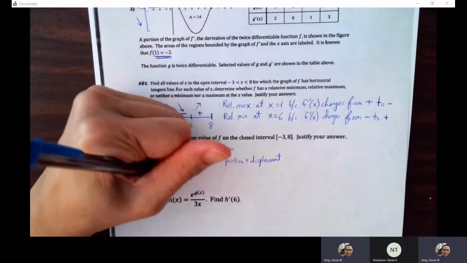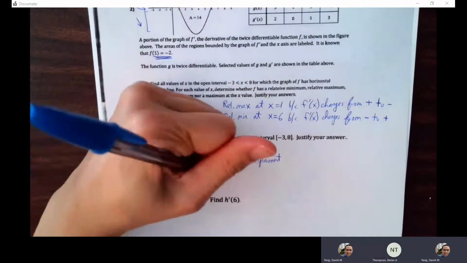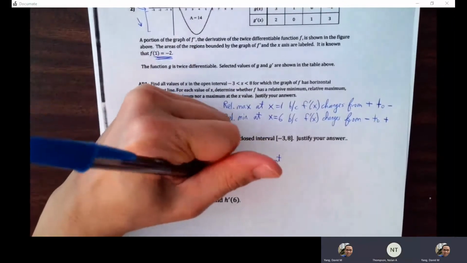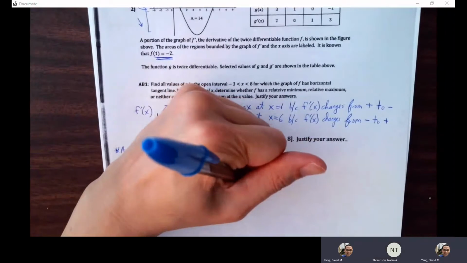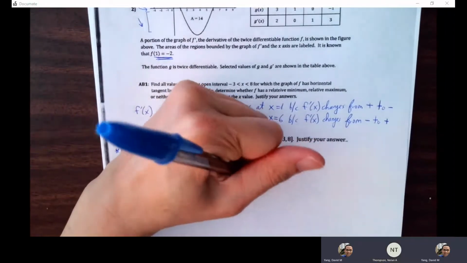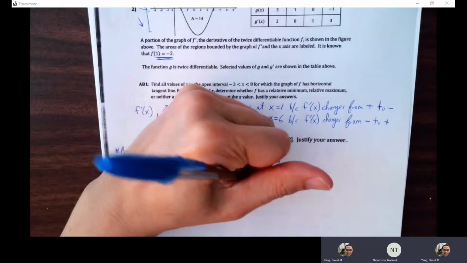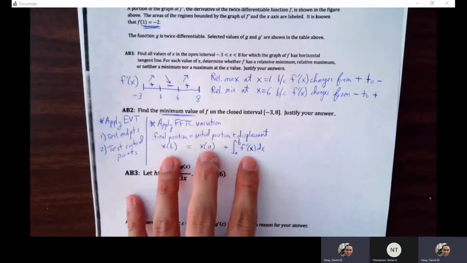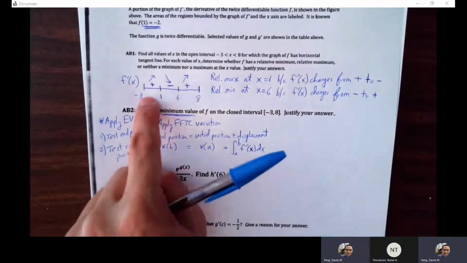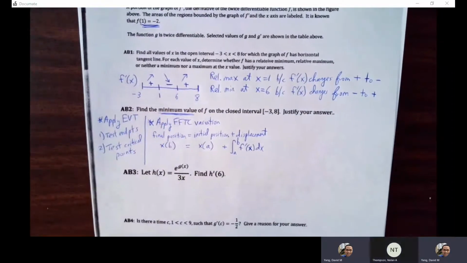So x of b is equal to x of a plus however much progress I made between my 2 starting and endpoints. So we're going to have to apply this for each one of our critical points.